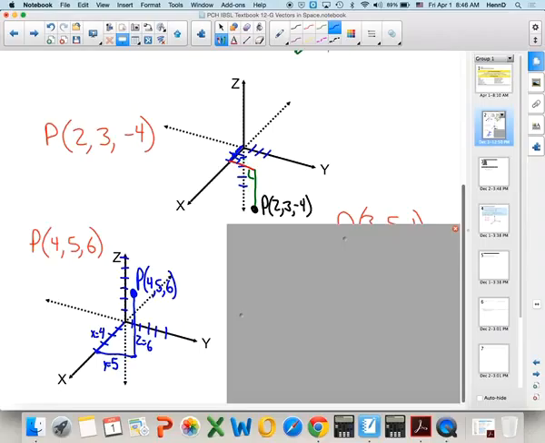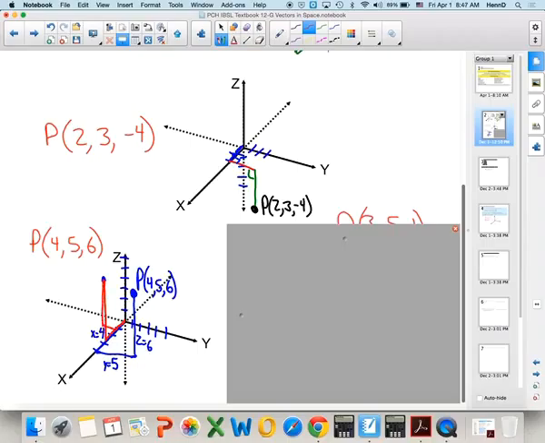Now, the reason why it's important to label your axes is because it's real easy. I mean, if I just put a point here, where is that in space? That point could be like here and then straight up, and y is 0. Or I could have gone here and then over here and then up.